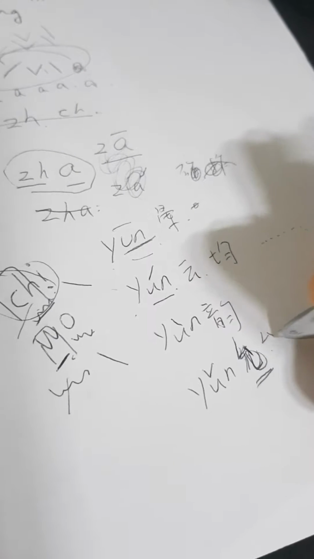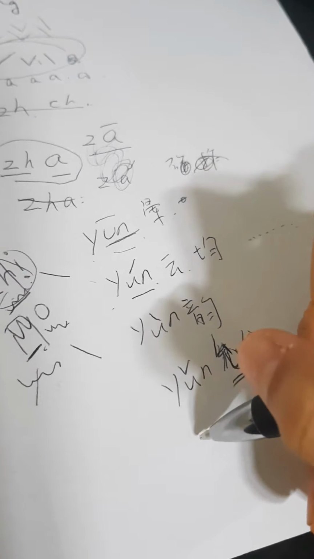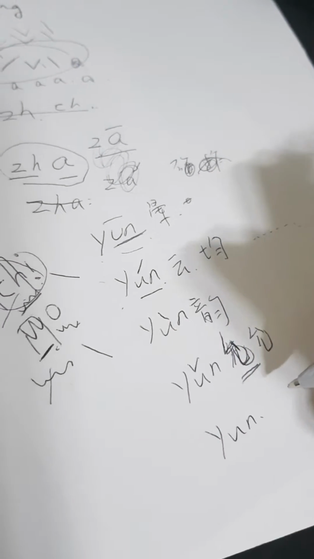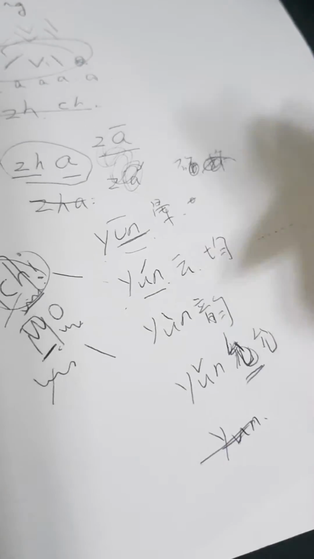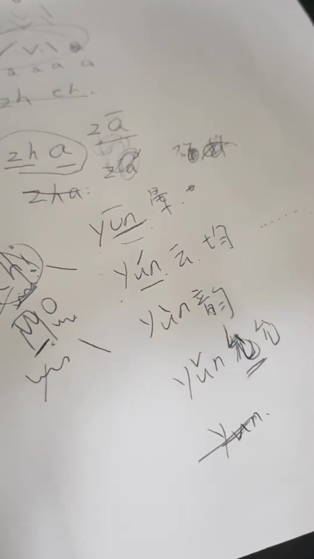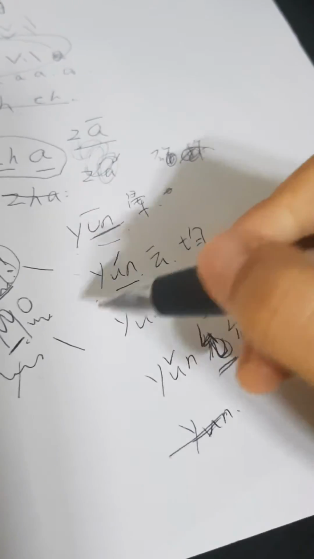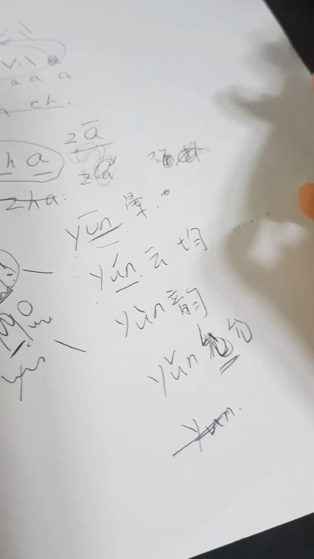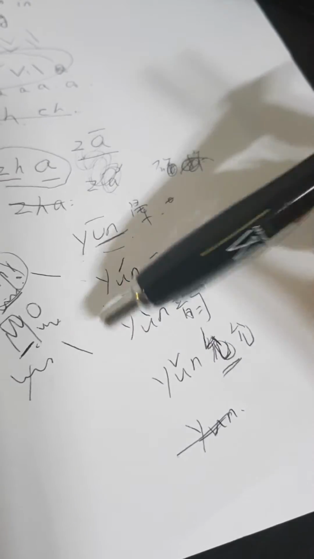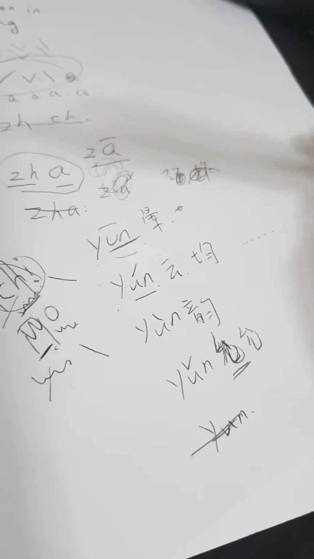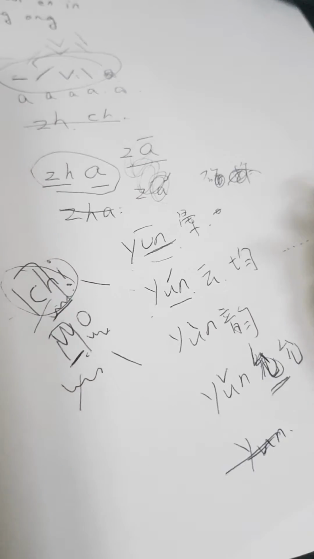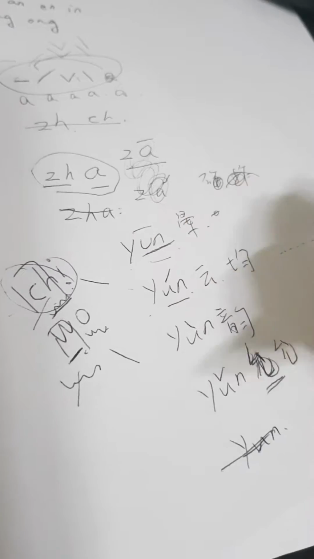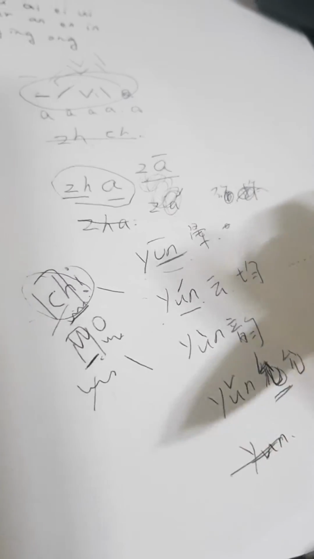Actually, there's no such word at some tones. So now we can tell the difference. This is the difference between them. This is also how we spell the Chinese. You can just remember it like that. So it's quite easy actually for me. I don't know for you guys.